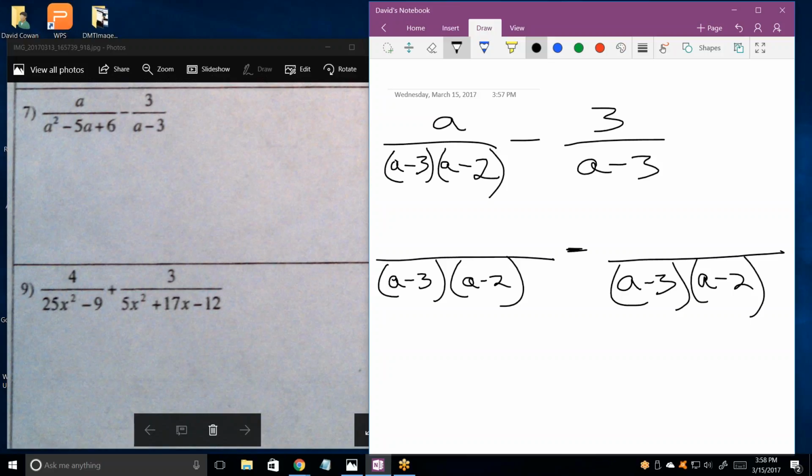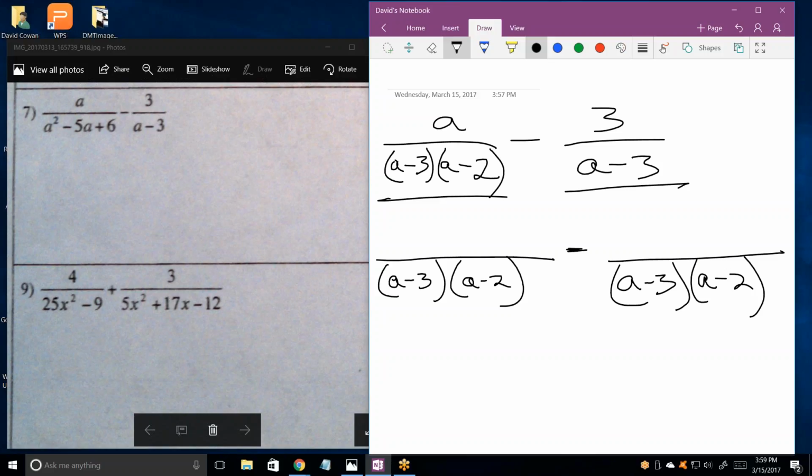Okay. In other words, when I'm finding a least common denominator, what I'm doing is finding a common denominator that is divisible evenly by that and that. I don't need to multiply the a minus 3 times the a minus 3.